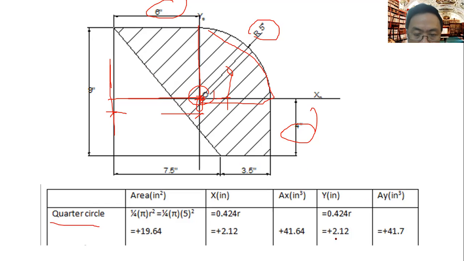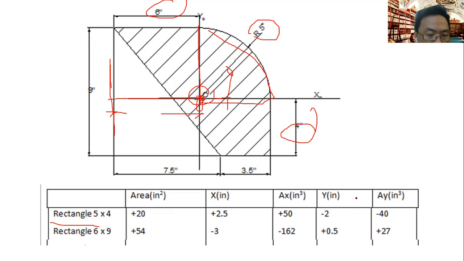Now, how about the triangle 5 by 4? This is 4. If this is 6, then this is 7.5, in other words this one is 1.5. So this is the triangle that we are referring to, 5 by 4.